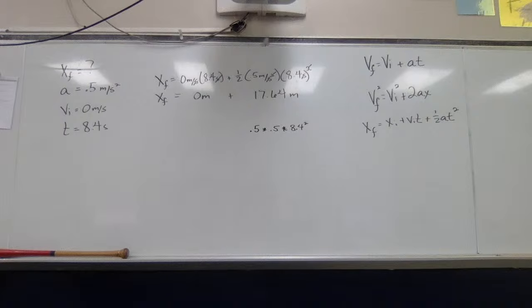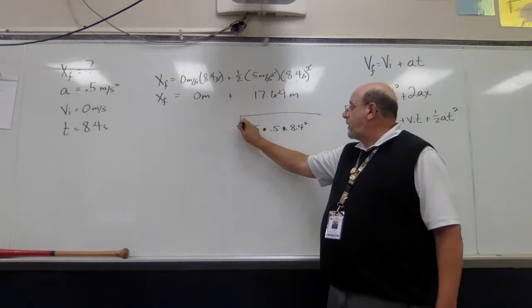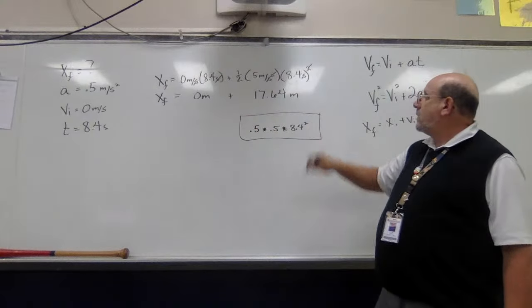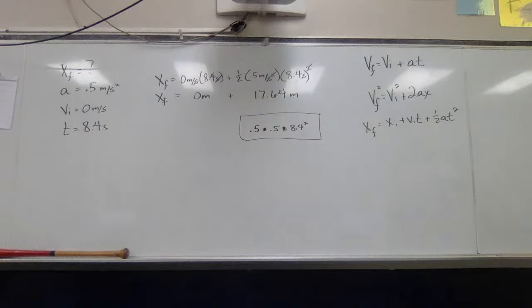Everyone in the room, these are your keystrokes to put into the calculator. That's how you get your 17.64. Wait, sir, is it like the square cancels?